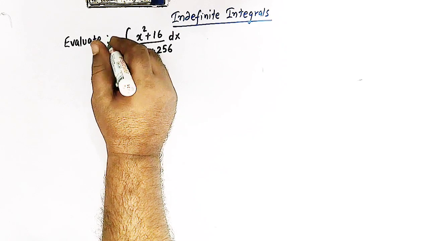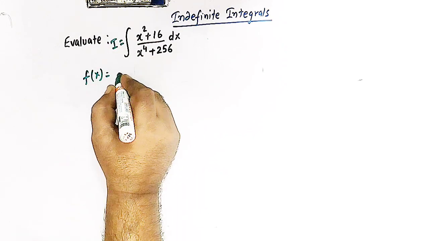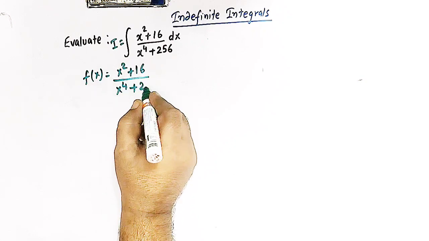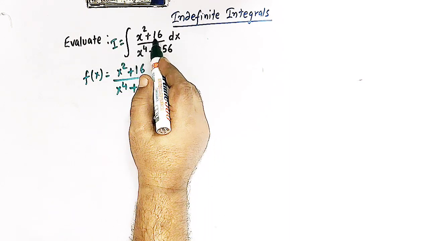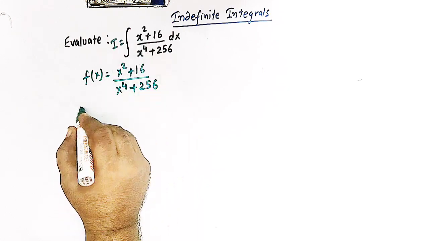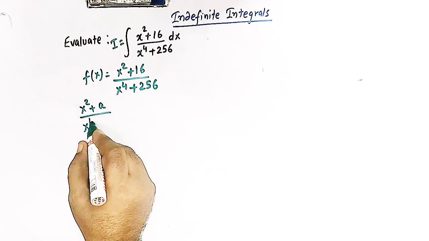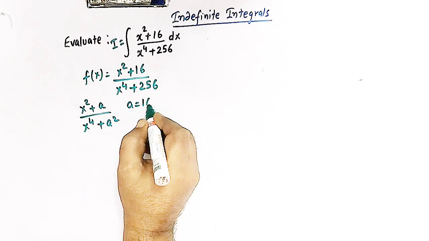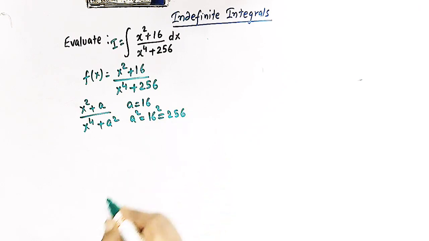So now let us call this integral as I and our integrand as f of x, that is x square plus 16 divided by x raised to 4 plus 256. Now if we closely look at this integrand, then we can easily make out that this integrand is of the form x square plus a divided by x raised to 4 plus a square, where a is 16 and a square, that is 16 square, is 256, right?